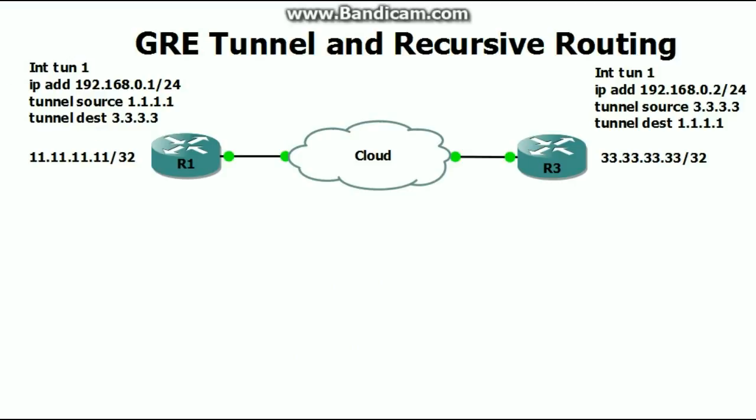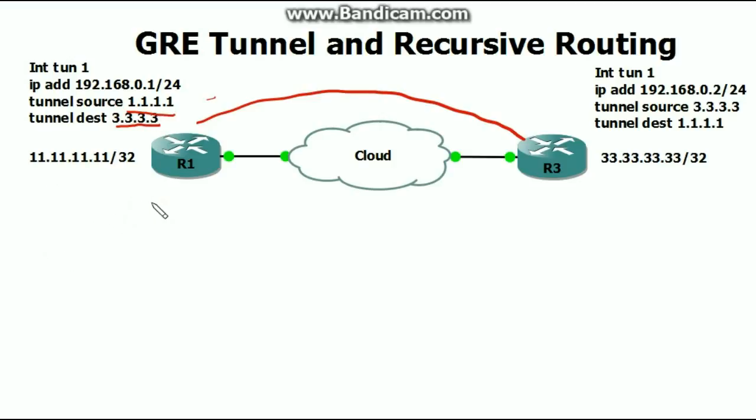So how that actually works is, how does router 1 connect to router 3? If it's going to take this logical tunnel interface, then how am I actually going to get it to the other side? This is where the tunnel destination and the tunnel source IP address comes into play.